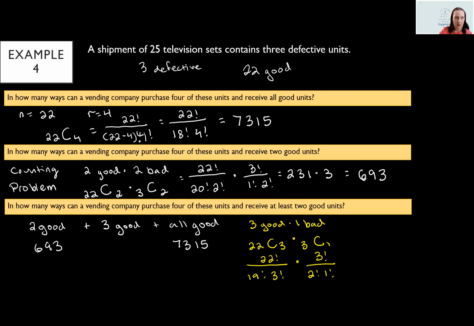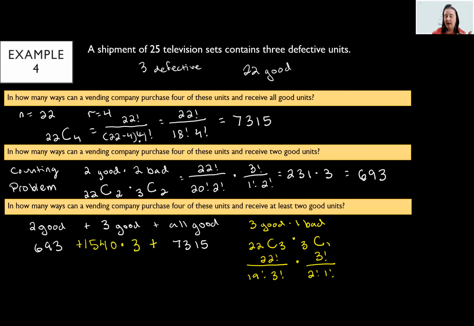Normally if I had much more space, I wouldn't be doing it on 2 different sides; I'd go vertically down. But I have the space that I gave myself. So 22 choose 3 is 1540. And then 3 choose 1 will give us 3. You can do the math to verify.